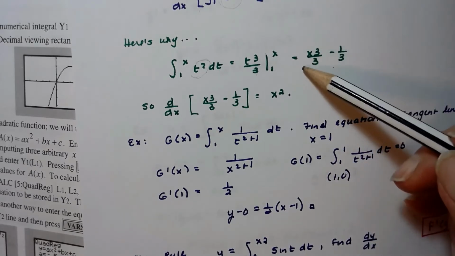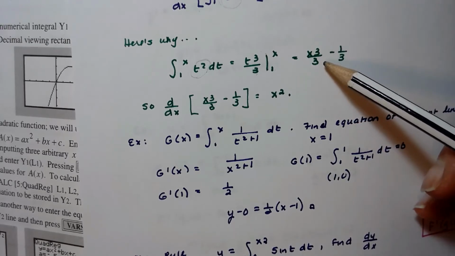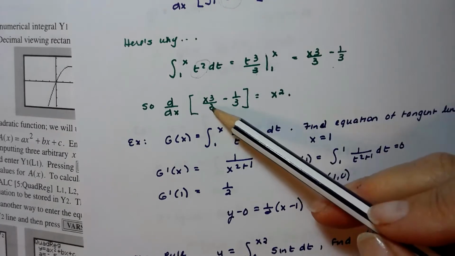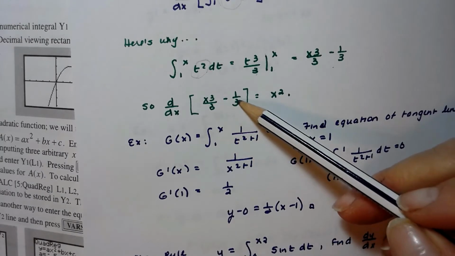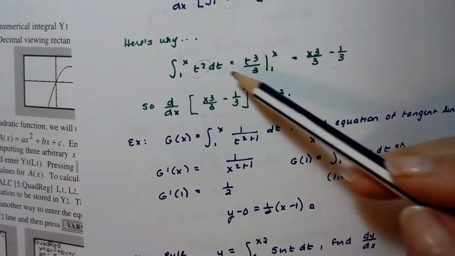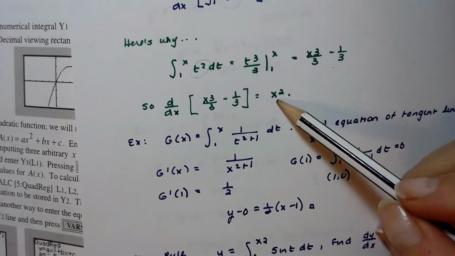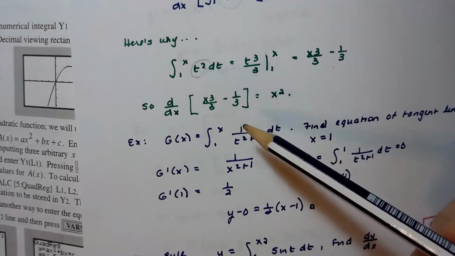If I take the derivative of this function, you bring the 3 down, the 3's cancel, you get x squared, and the derivative of a constant is 0. So you get what you started with, except this is a t and this is an x. So when you differentiate these things, all you do is take what's inside and replace the t's with an x.